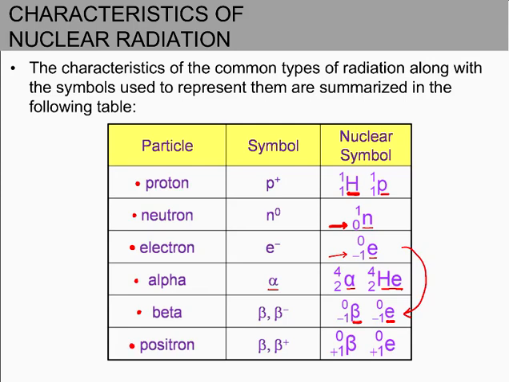Remember, positrons are basically the opposite of an electron. They also have 0 mass, but they have positive charge. So they're going to look really similar to the electron notation, but this time we have a +1 charge. Okay, so don't worry if you don't have that memorized. You can always reference this table if you need to.